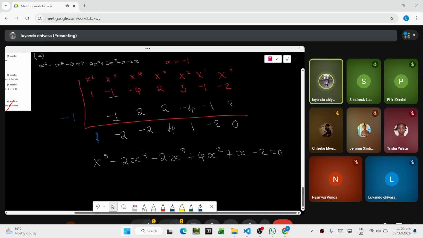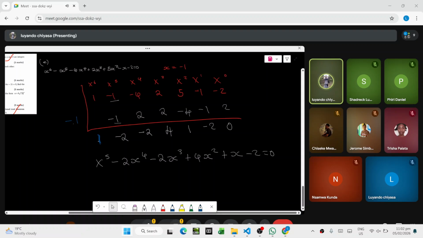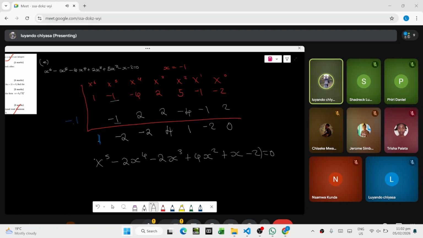That's what you are going to get once you deal with that. Remember, we have already found one x value.